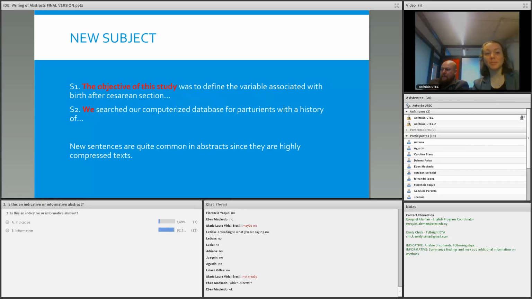And another option is to use a completely new subject. So an example of this is, the objective of this study was to define the variable associated with birth after cesarean section. And then, we searched our computerized database for parturients with a history of something. So you go straight from talking about the study to introducing we, the researchers, what we did to carry out our methods.